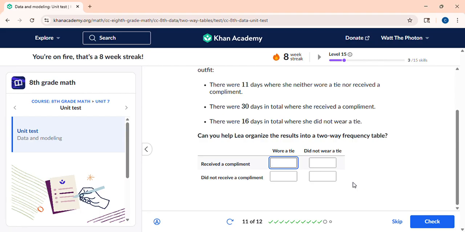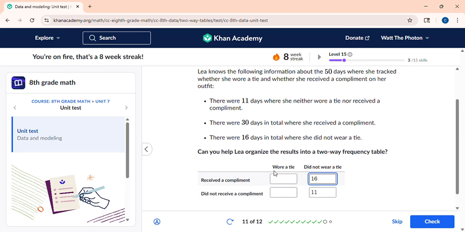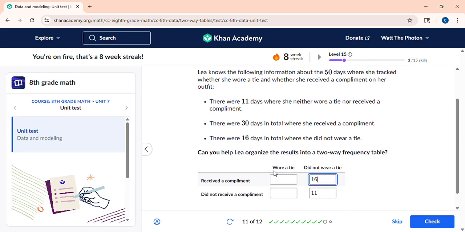Let's see. So she has 11 days. The sum is 30. 16 days where she did not wear a tie. And there were a total of 50 days. So we have 30 minus 16, which is 14.